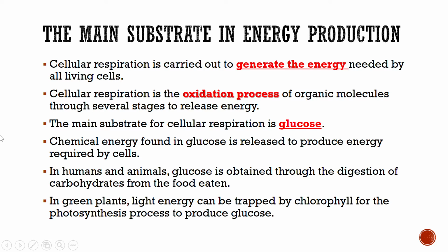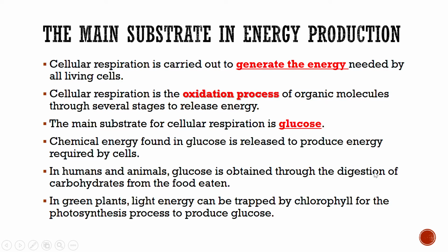In humans and animals, glucose is obtained through digestion of carbohydrates, so from the food we eat. You still remember back in chapter 4, where you learned about carbohydrates, the monosaccharides and the disaccharides.